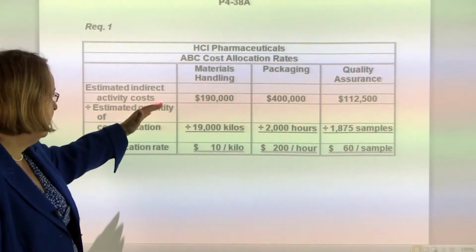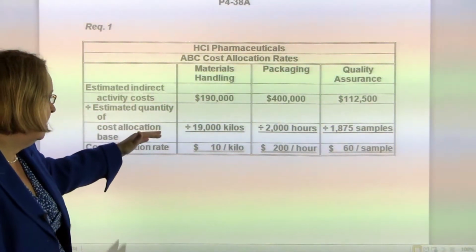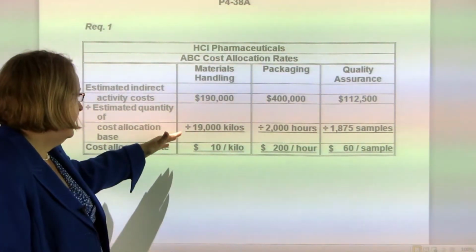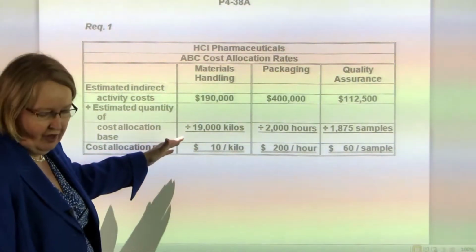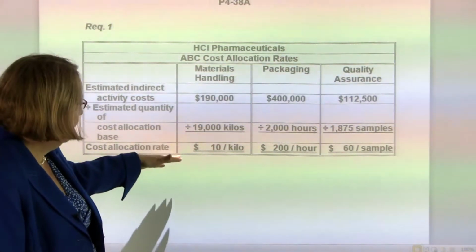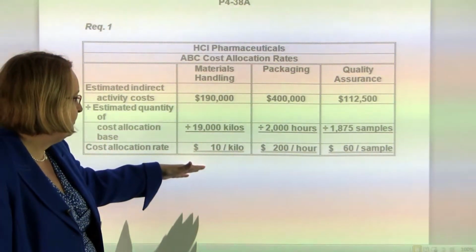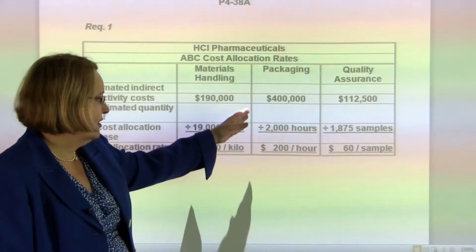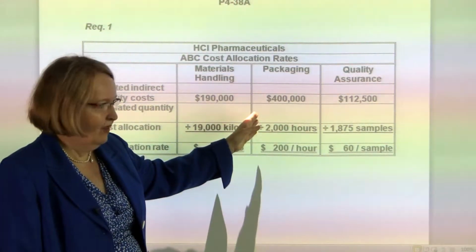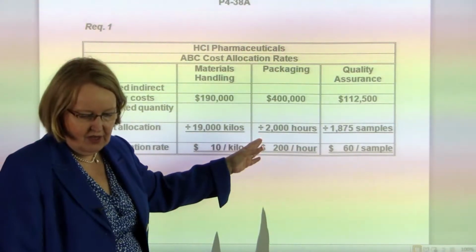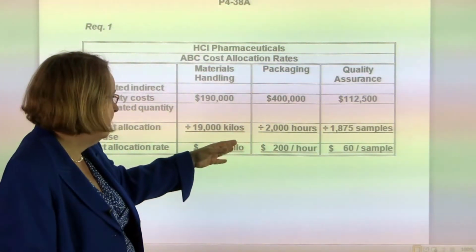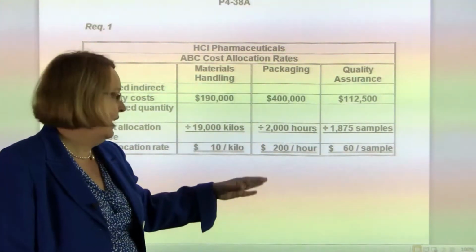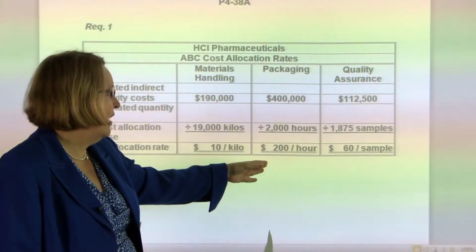So the cost for materials handling, 190,000 divided by 19,000 kilos of the product that you're working with, so it's $10 per kilo. Packaging, total cost of packaging is 400,000, and in terms of the machine hours, because you're using the machine to do the packaging, $200 per hour.